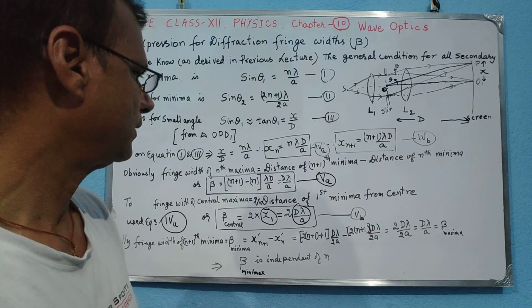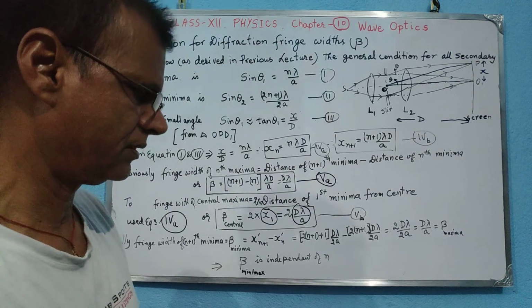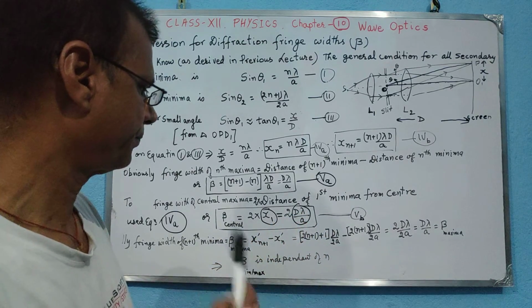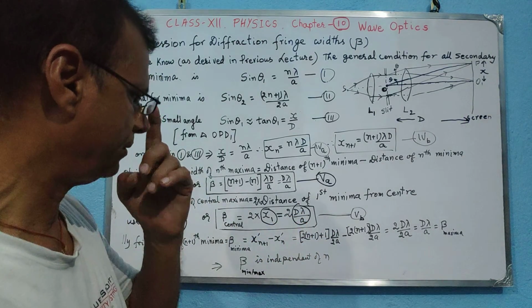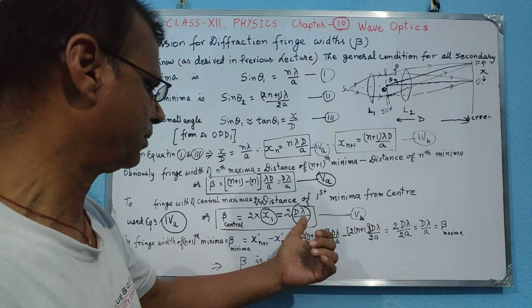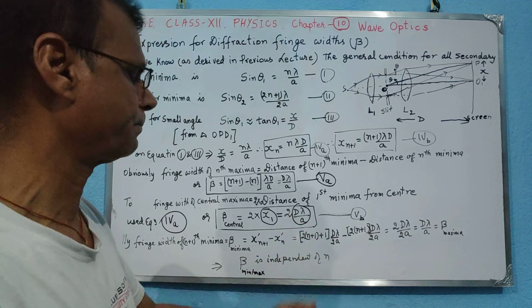Now one thing we have also found is that the width of the central maxima is 2 d lambda by a, and therefore you can understand that the width of the central maxima is inversely proportional to the slit width a.